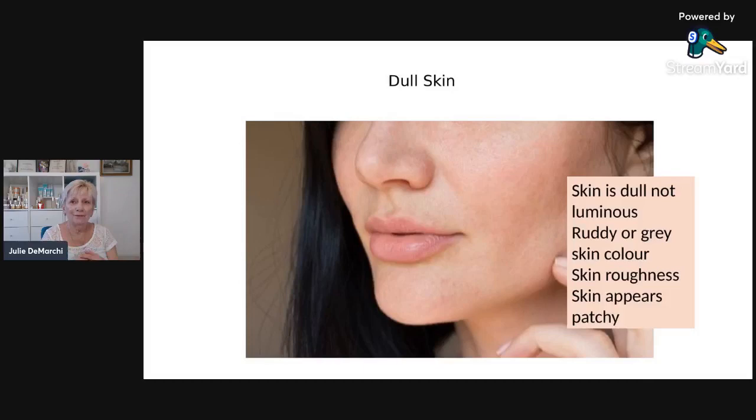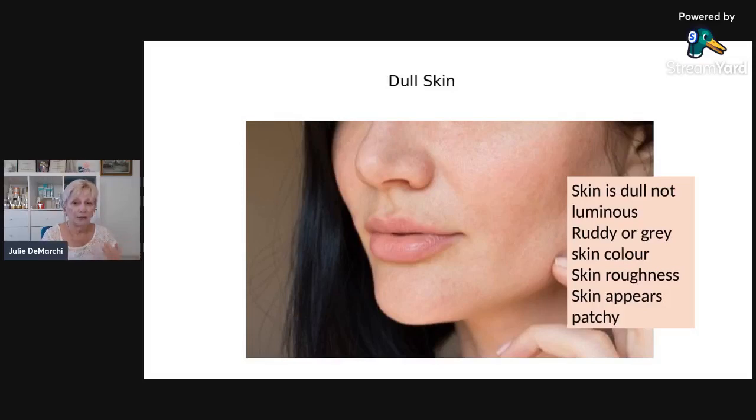It could be rough and bumpy, and it's often accompanied by uneven skin tone. And it can make the skin look a bit dry and patchy. So as we age, like everything, your skin doesn't regenerate like it used to. So it can tend to be looking a little bit dull and not as glowing as it used to.